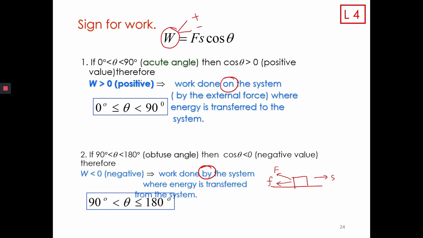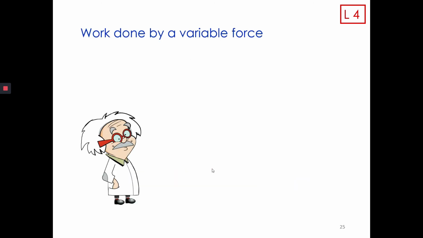The first one, work done positive, work done on the system, where your force angle is between 0 to 90. So your force, either F1, F2, or maximum, your maximum should be less than 90. Then this is the first case, this is the second case. Work positive, work done on the system. Work negative, work done by the system.